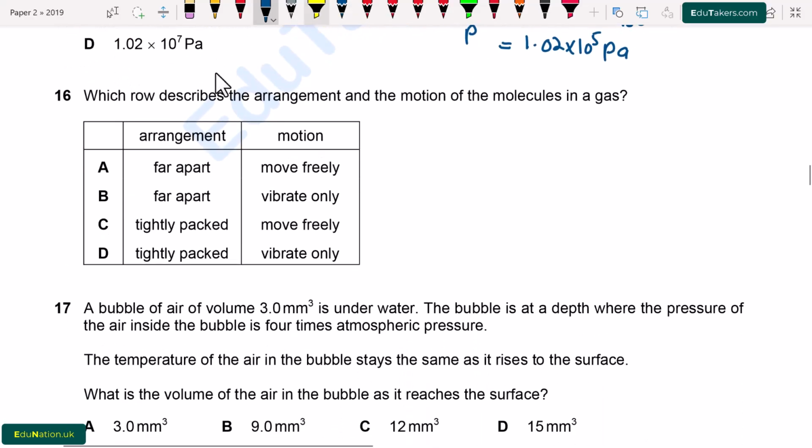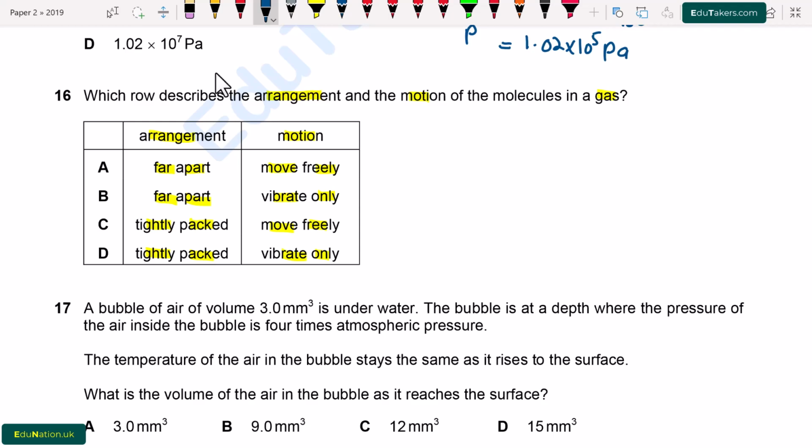Question number 16. Which law describes the arrangement and the motion of the molecules in a gas? Arrangement, motion. Option A, far apart, move freely. B, far apart, vibrate only. C, tightly packed and move freely. D, tightly packed, vibrate only. Here we have to describe the arrangement and the motion of molecules in the gas.